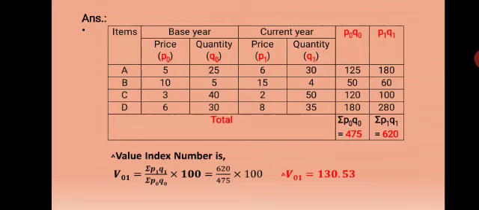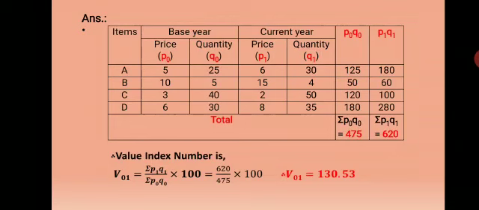Then by addition of all P1 Q1 values, we will get summation P1 Q1 is equal to 620.